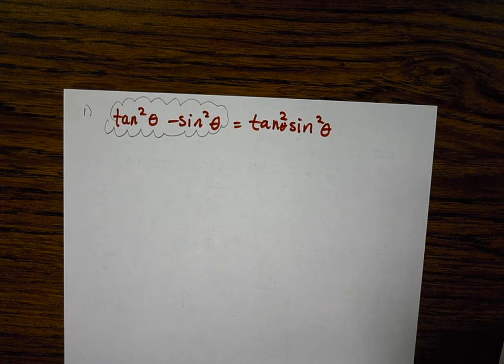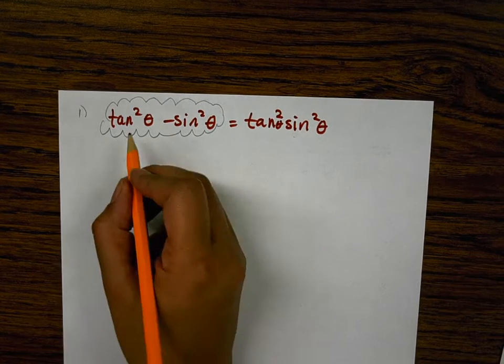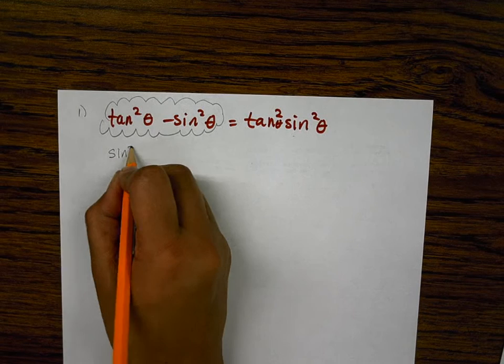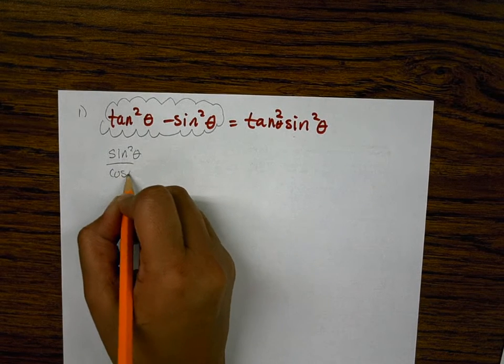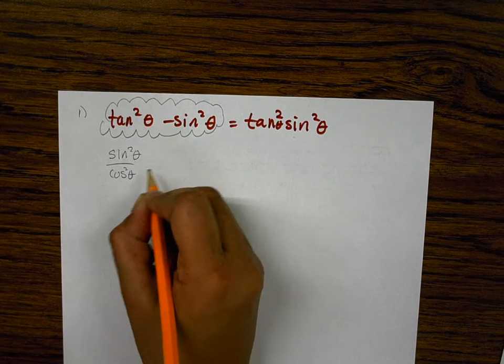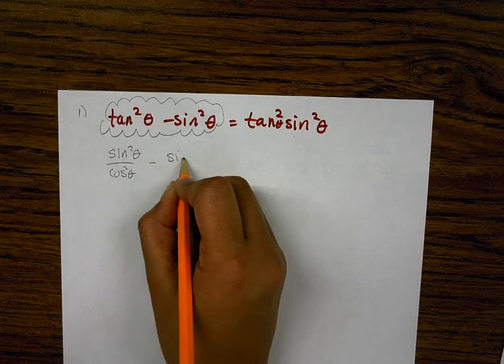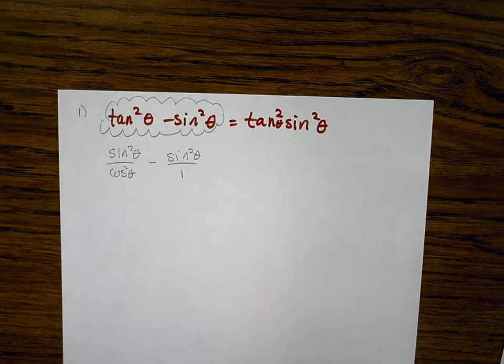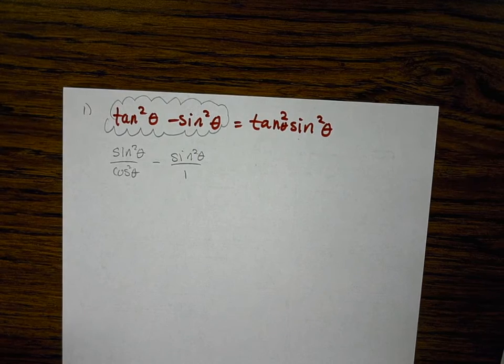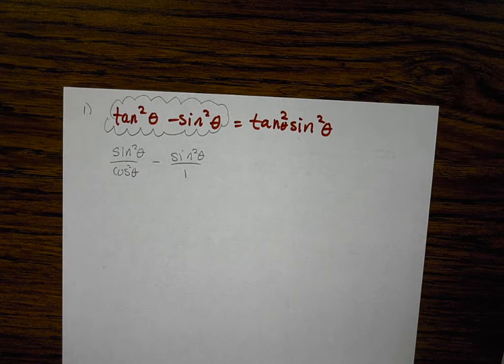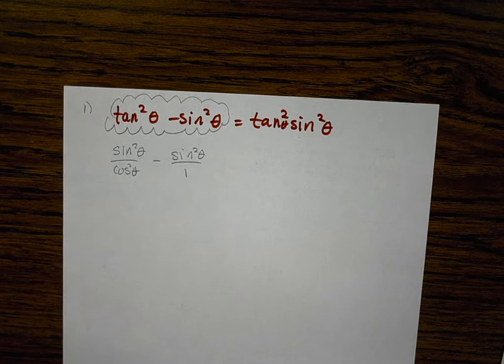Changing everything to sine and cosine: sine squared theta over cosine squared theta minus sine squared theta over 1. Okay, well there's nothing I can do. I can't combine them yet because they're not common denominators.